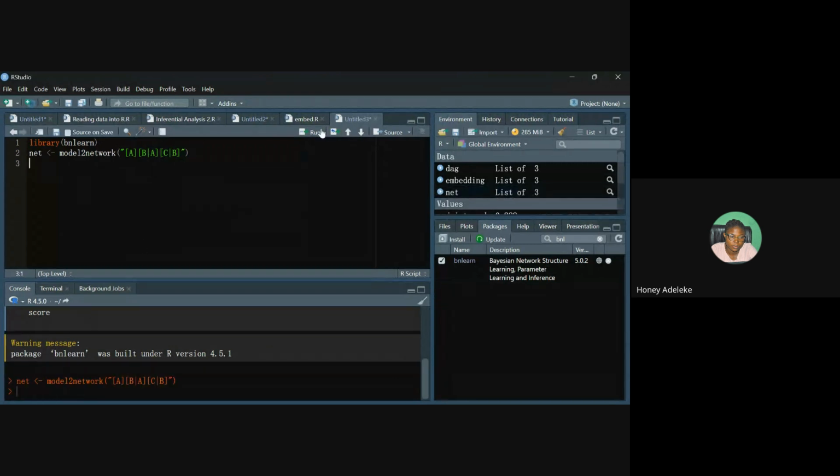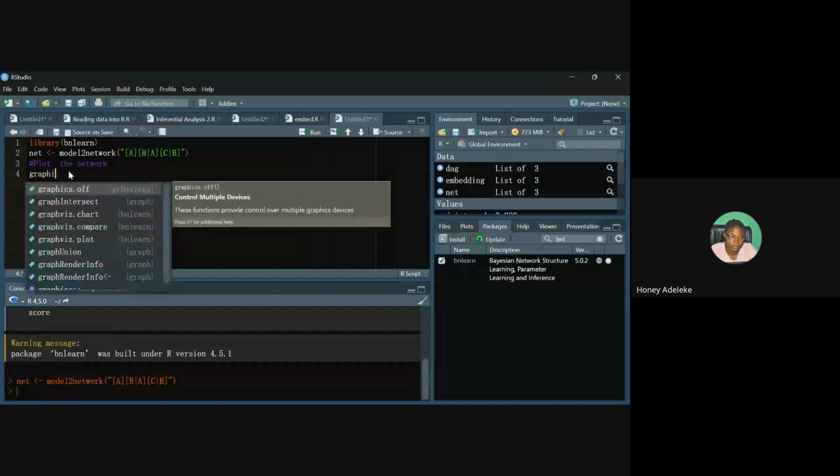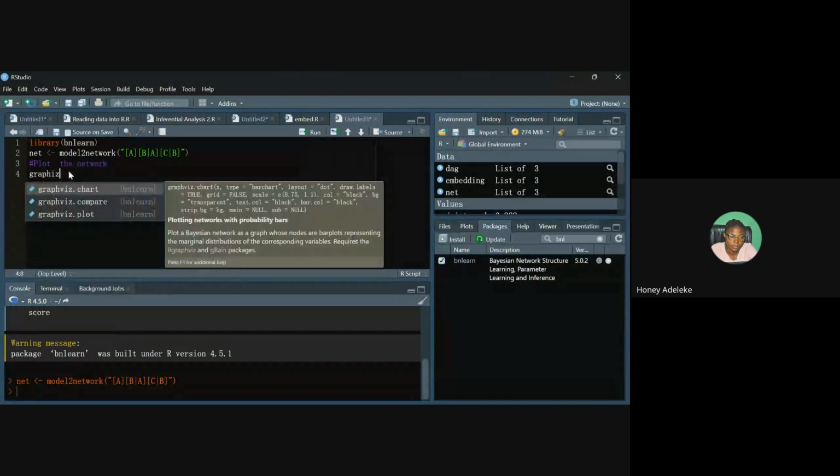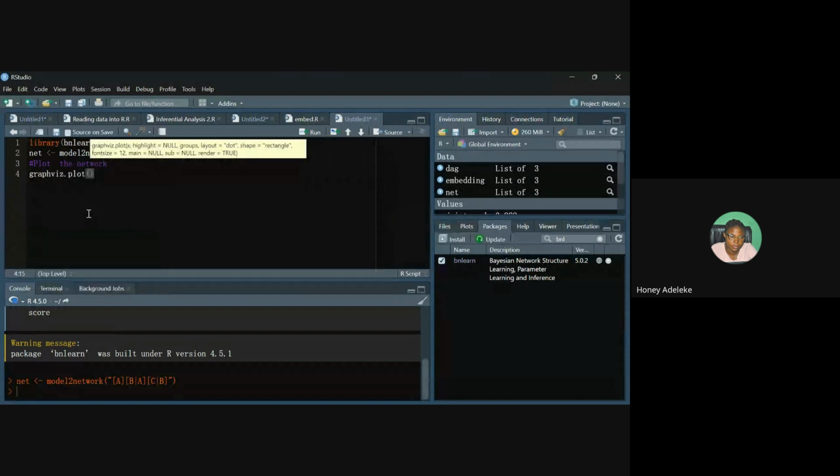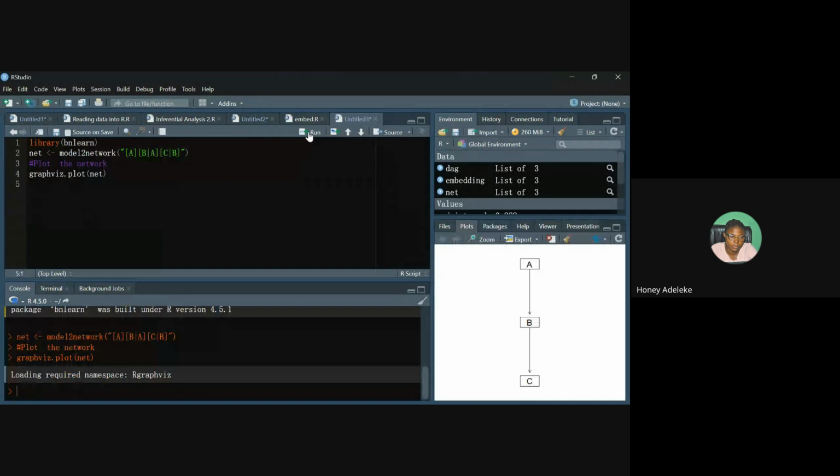Then you can now plot the network, using graphics plus the net.